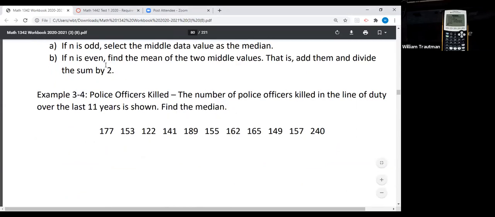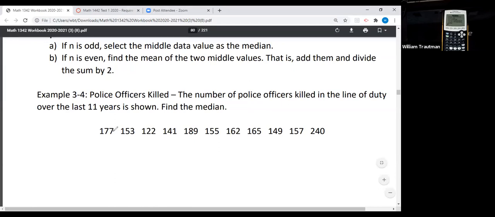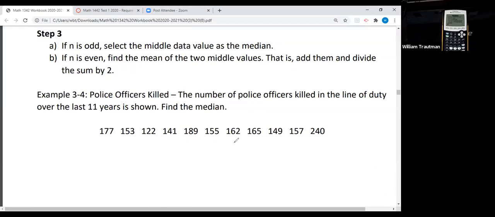Let's count. It says put the data in order. So the smallest piece of data, I think 122, is that the smallest? Then 141. Put them in order from smallest to largest. 153, 155, 157.